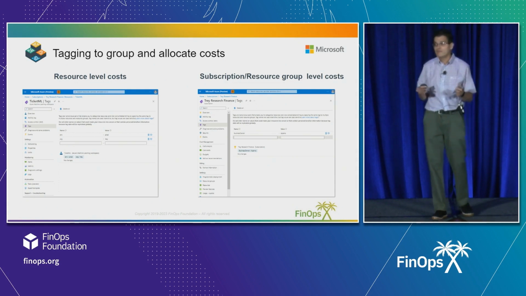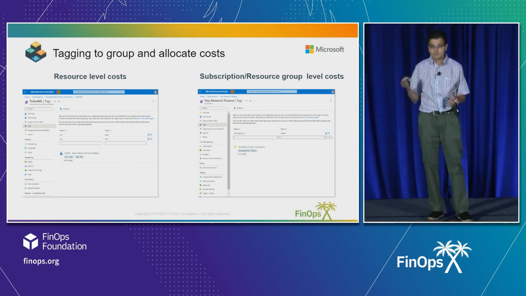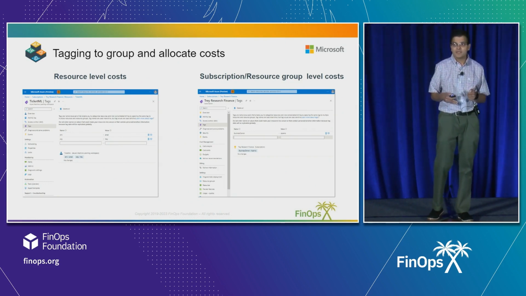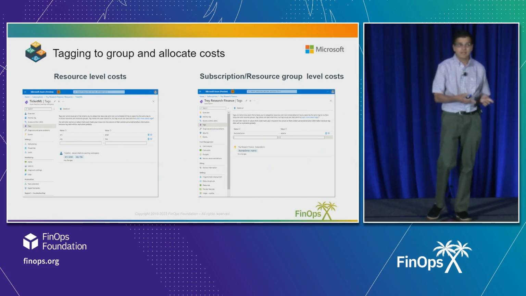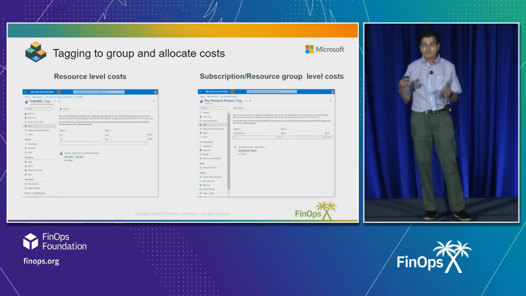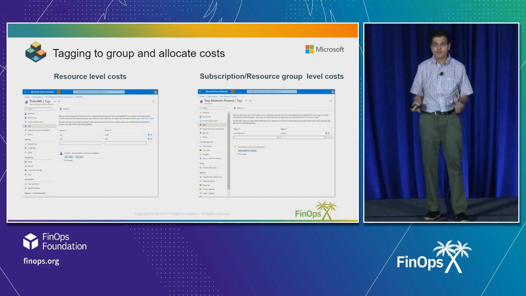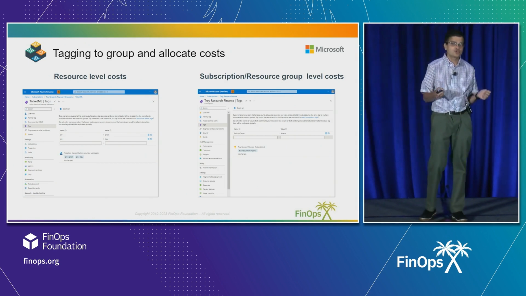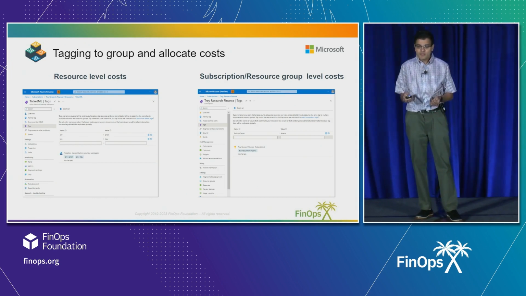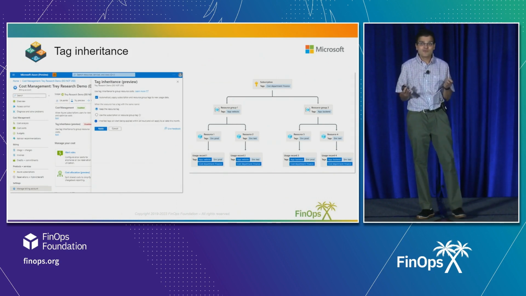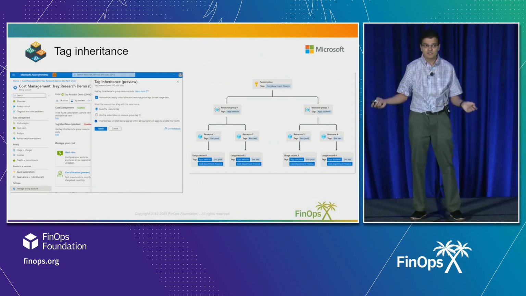You can apply it when a resource gets created, or you can apply it to a container like the subscription or the resource group. The advantage of applying at the container level is you can apply policies so that if your developers are creating resources, they don't need to remember to tag the resource when it is getting created. Going forward, we also have capabilities which allow you to group at the container level and inherit these tags.